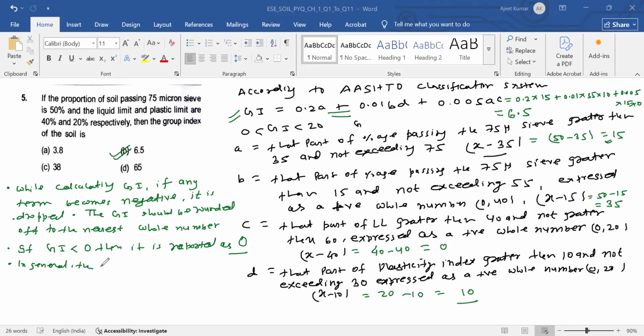the less desirable a soil is for highway construction.